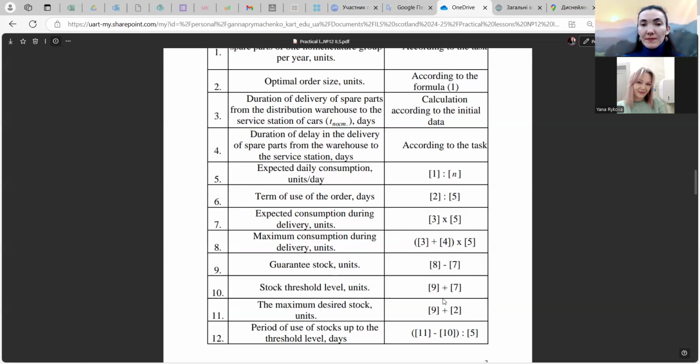Okay. And the next, line 11, it is the maximum desired stock in units. We need to find result 9 plus result number 2, it is formula 1 when we calculate it.